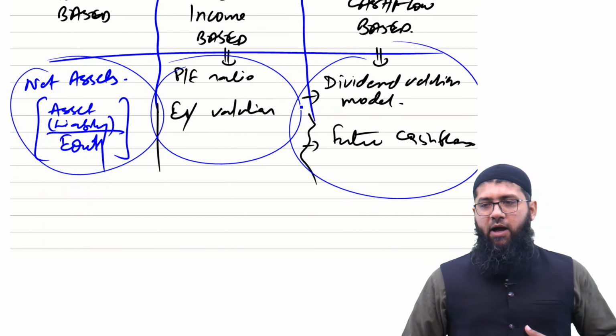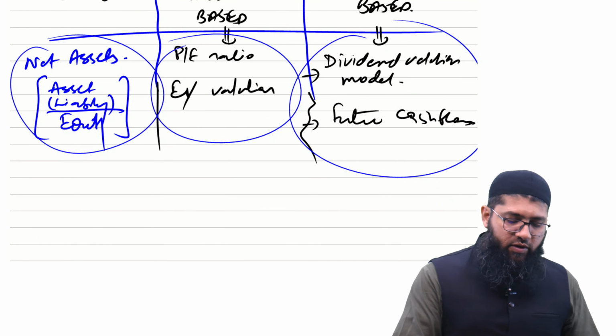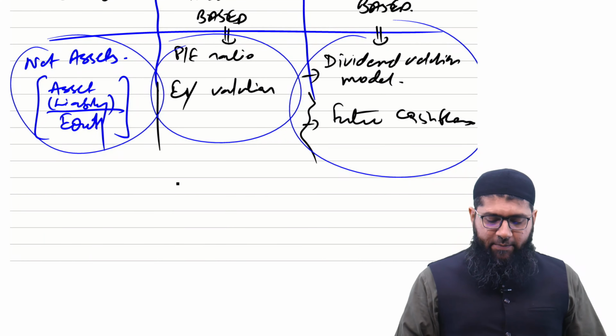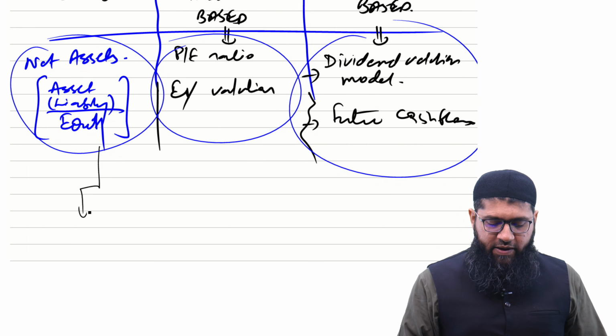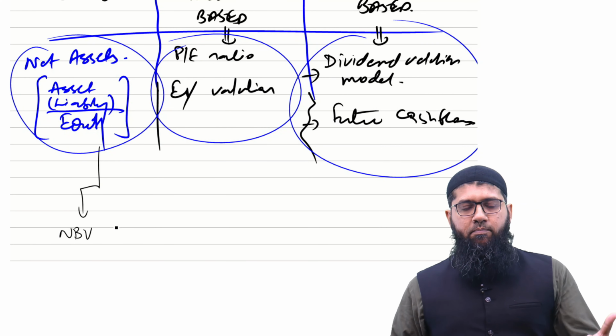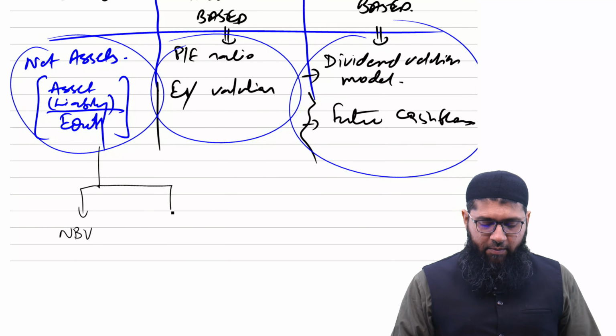Now, when I talk about the asset-based valuation, what happens? There could be different types of asset-based valuation. There could be an asset-based valuation with only net book value, meaning the book values of the assets and the book value of the liabilities.